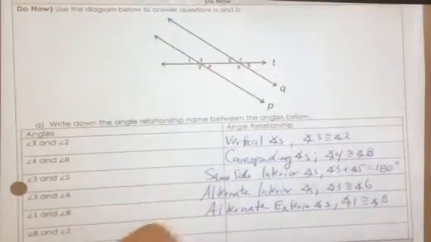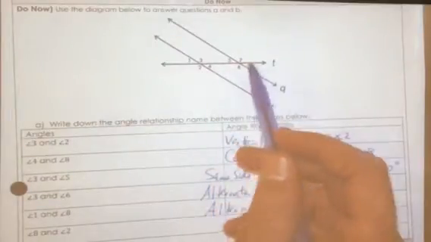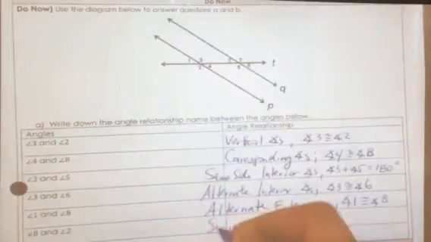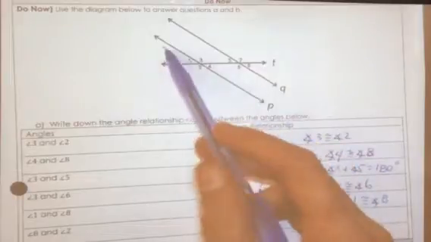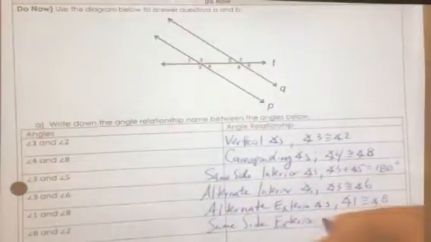Two more. Angle 8 and angle 2. We see that they're on the same side of the transversal. Then 2 is on the exterior, 8 is on the exterior, so these are same side exterior angles.